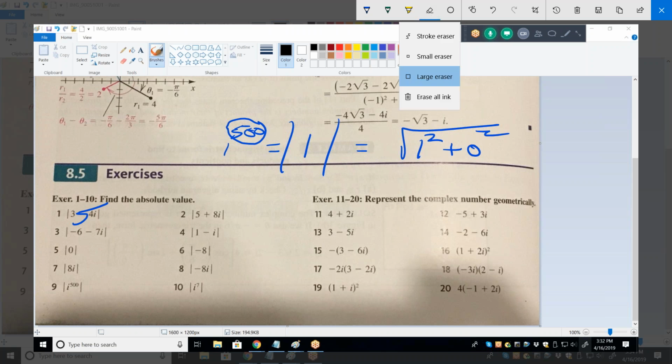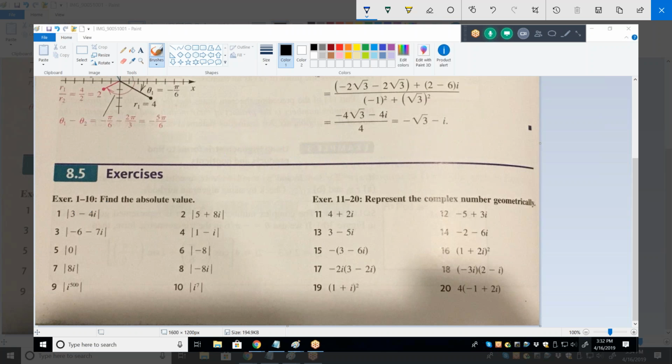Yes, sir. Okay, how about 10? That is, it's still 1, is it? Well, no, it isn't actually, because 7 is not a multiple of 4. So what this is, it's equal to this.